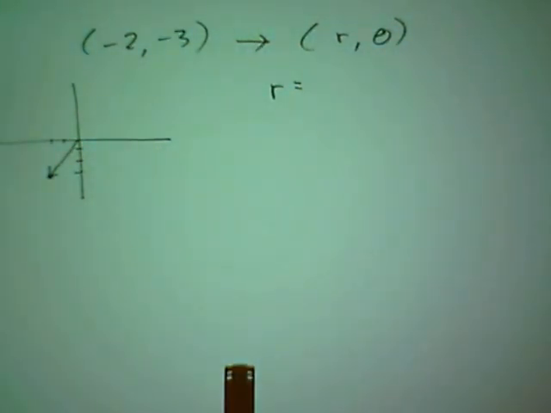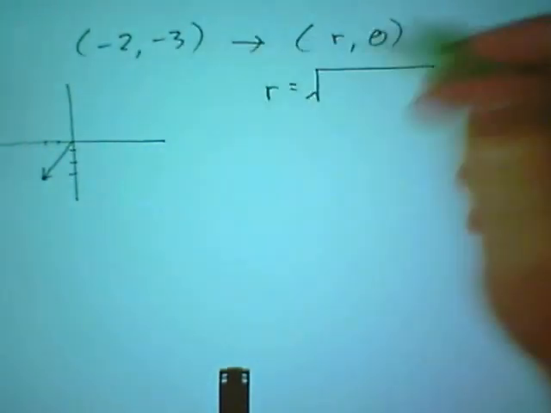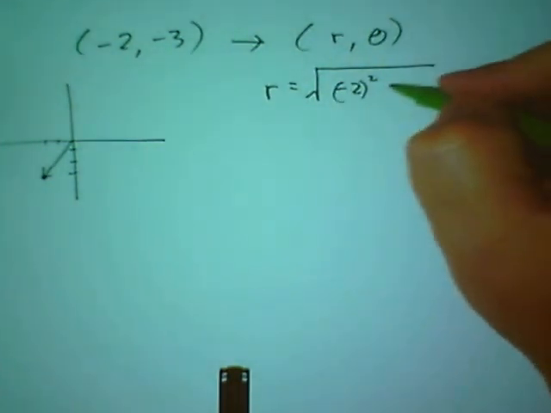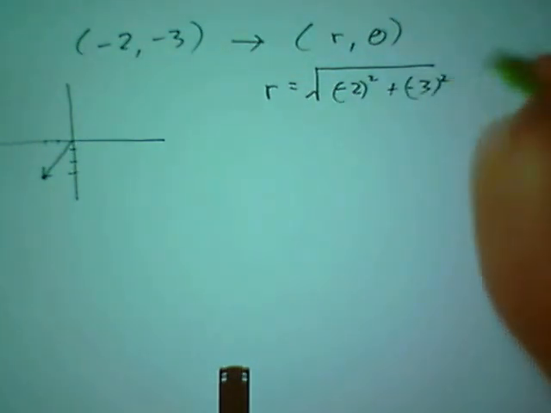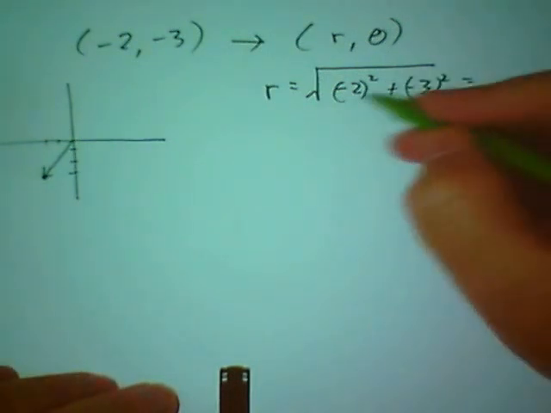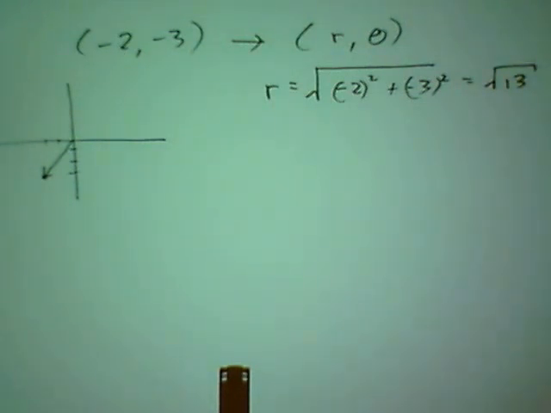The length r is the square root of the x part squared plus the y value squared. -2 squared is 4, -3 squared is 9. If I write that as a decimal, just to get an idea, the distance or the length is around 3.6.